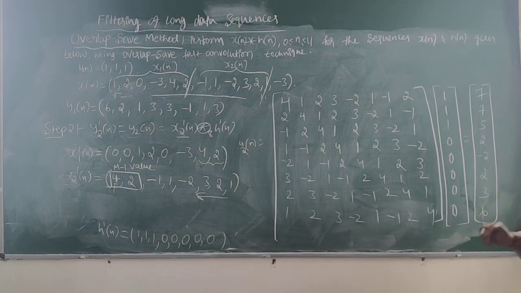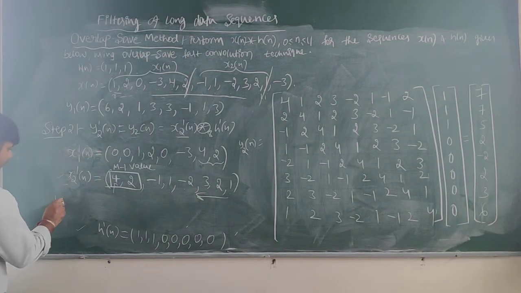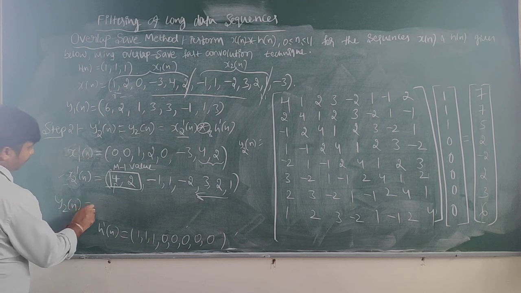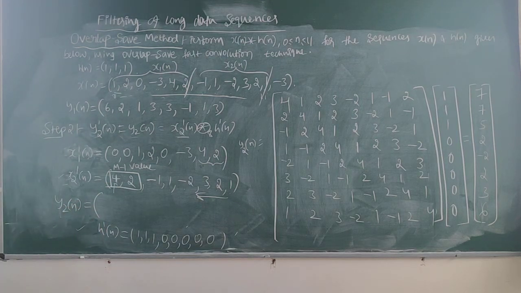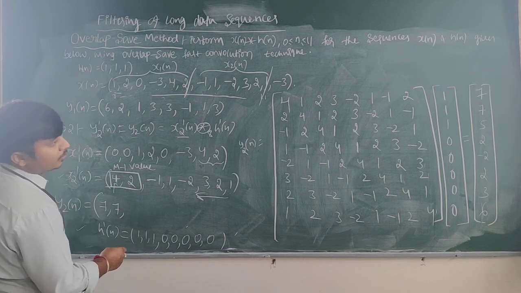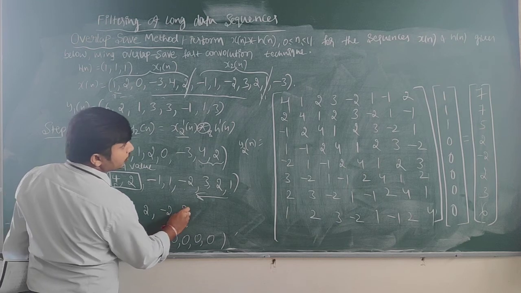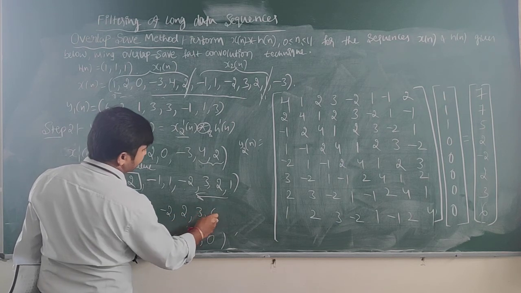So I got y2 of n, which is 7, 7, 5, 2, minus 2, 2, 3, 6.